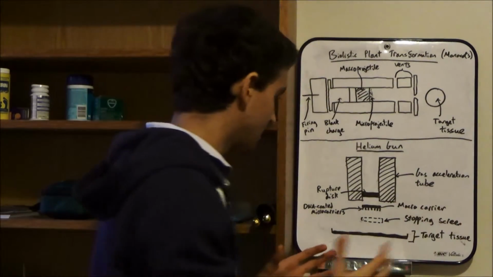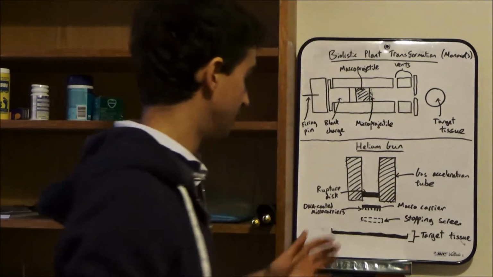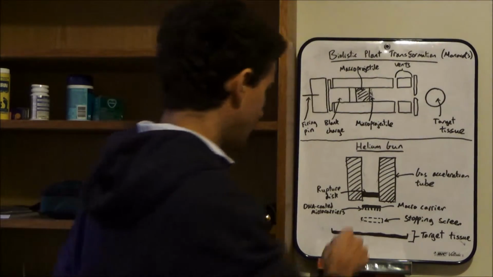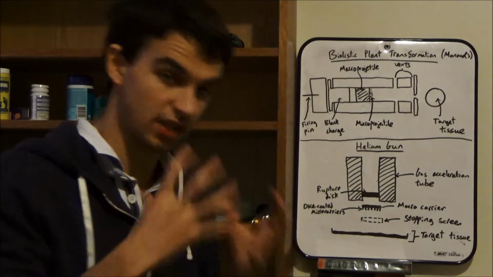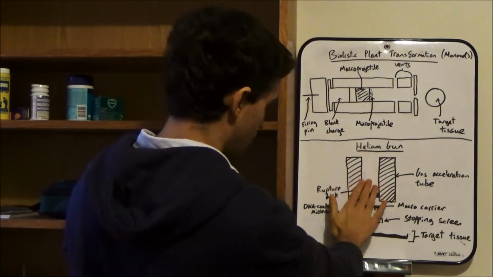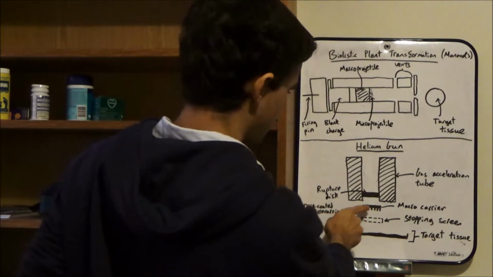So just like the macro and the micro projectile in the first gun, the micro carriers are attached to the macro carriers, and the micro carriers contain your DNA. They're coated in DNA.